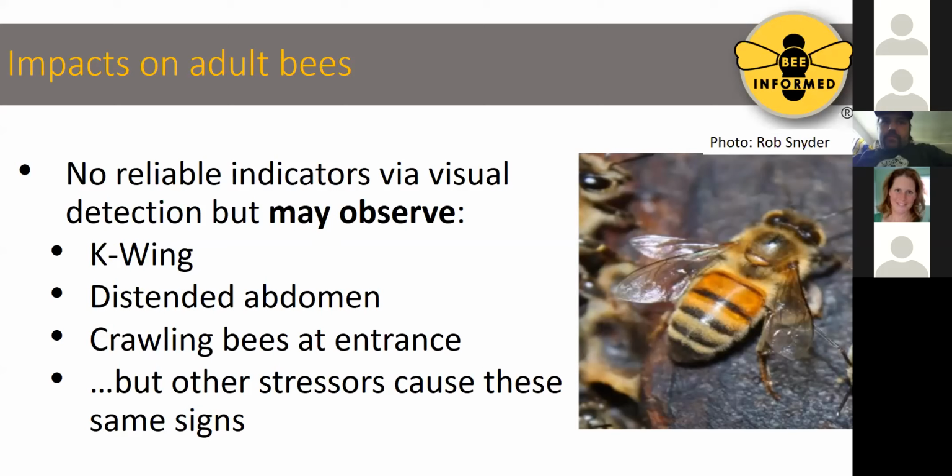Normally between their wings, there's a little piece of anatomy called a frenulum, which hooks the hind wing and the forewing together, so they appear as one set. But when these are splayed out like that, that can be a sign of tracheal mites. Another potential visual indicator is a distended or bloated abdomen. Sometimes tracheal mites can lead to crawling bees at the entrance.